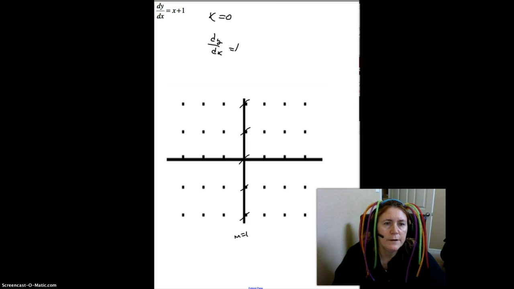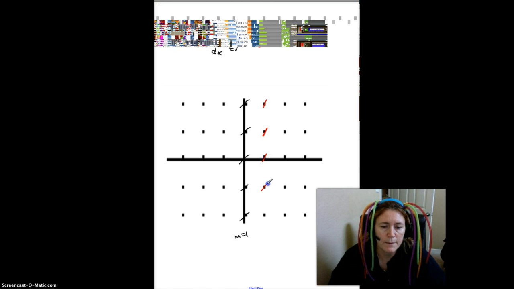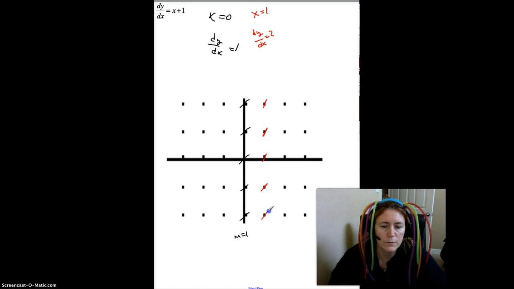Now, let's come over here. What happens at x equals 1? Then dy/dx is equal to 2. So at x equals 1 here, my slope is going to be 2. Now these don't happen to depend upon x. You're going to do one where it does.